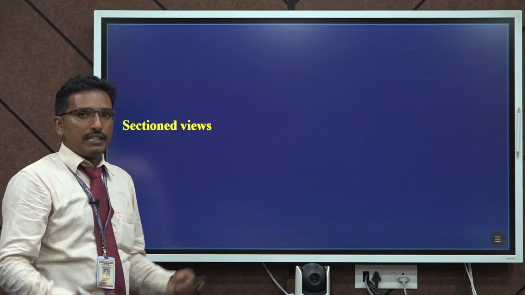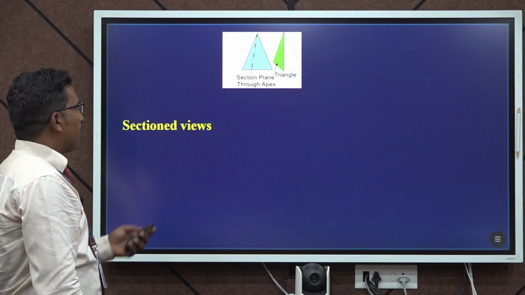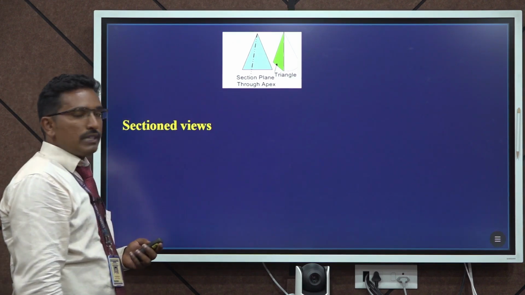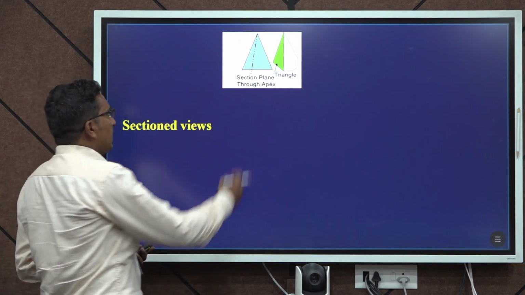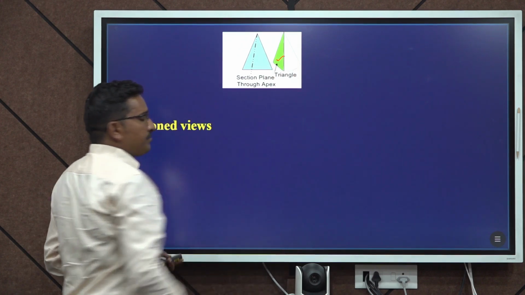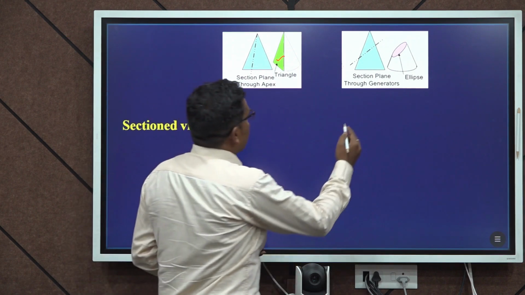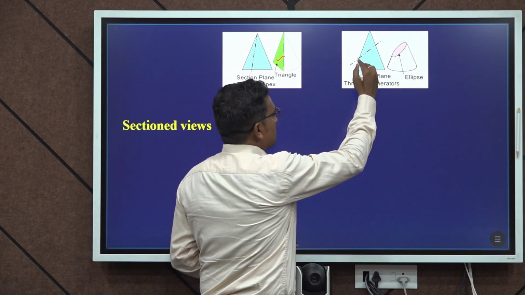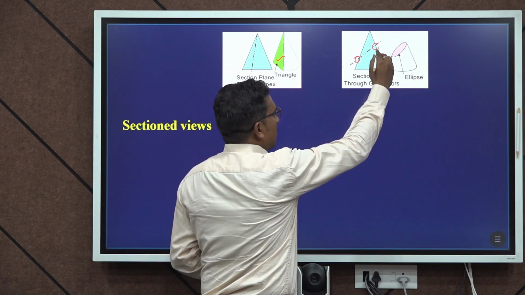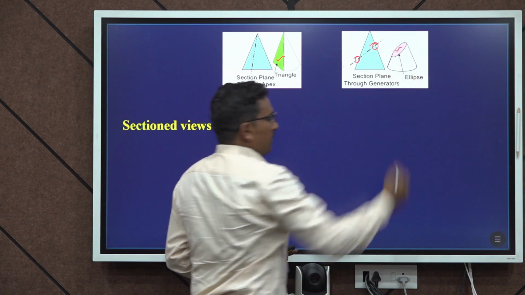Different types of sectioned views. If you cut the section plane through the apex, you will get a triangular shape. If you cut the section plane through the generators, you will get an ellipse.